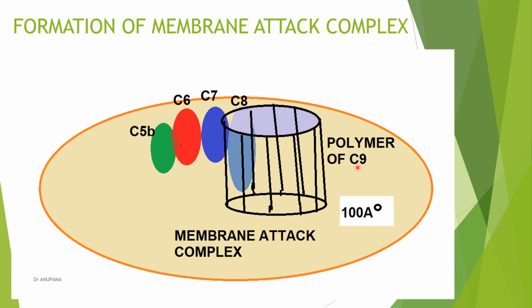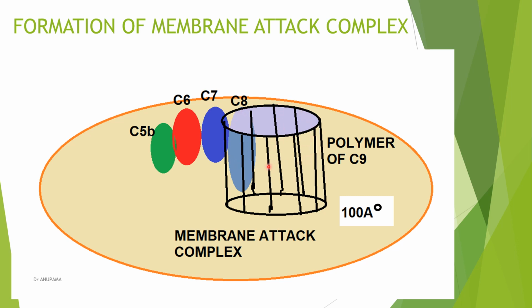Many C9 monomers come together, polymerize, and form a tube-like structure which again gets impregnated onto the membrane of the infected cells or the bacterium, and now the size of the pore will increase to 100 angstroms. This entire thing we call the membrane attack complex.